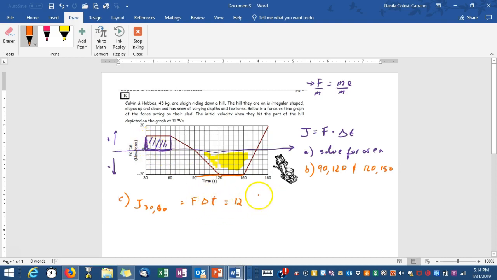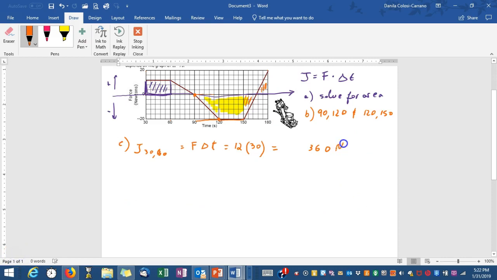So now you have a force of 12 times your delta t, which goes between 30 and 60. T final minus t initial is 30. So that will be your value for the impulse between 30 and 60 seconds.